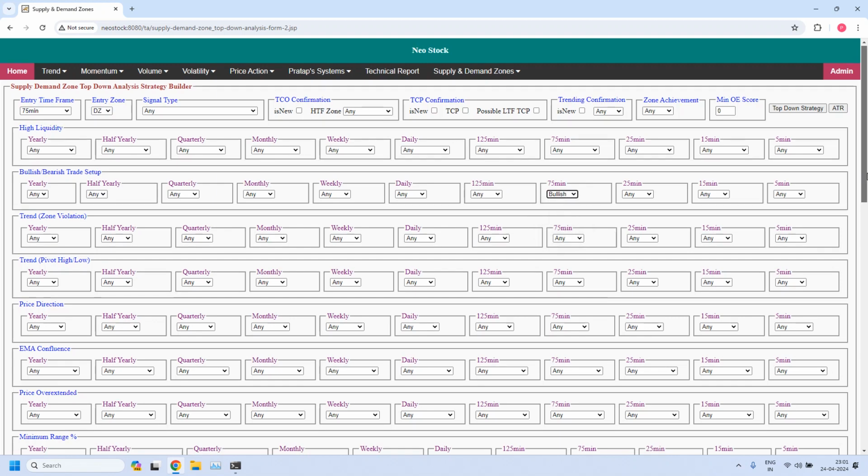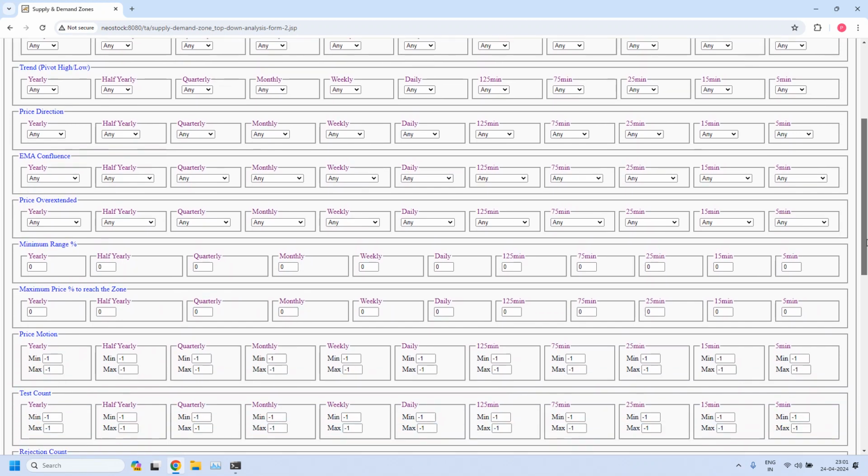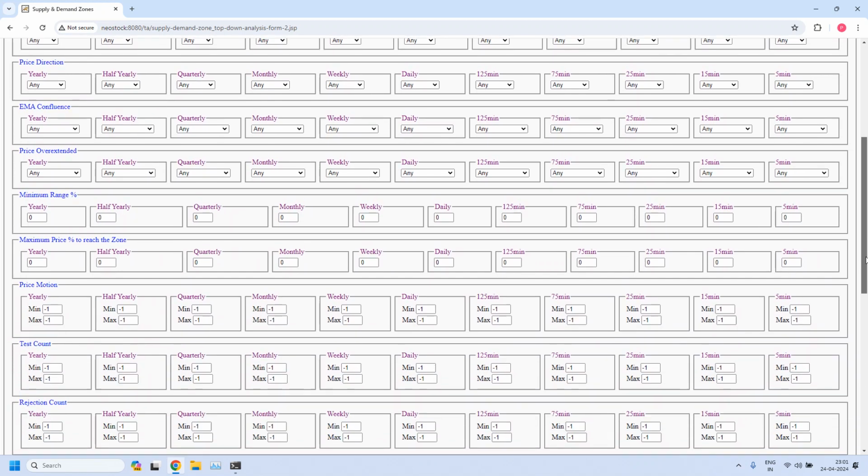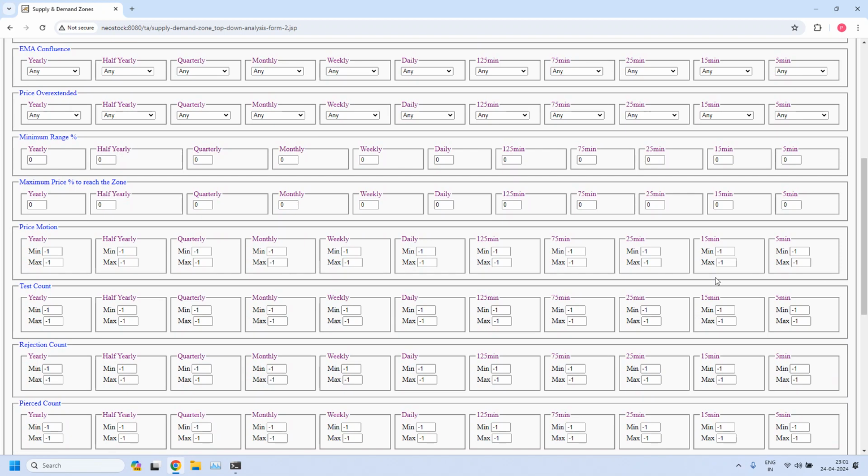And the three filters. First filter, pierced zone should not be there. So what is our entry time frame? 75 minutes. So in 75 minutes, for the parameter pierced count, minimum value you need to set 0, maximum value you need to set 0.